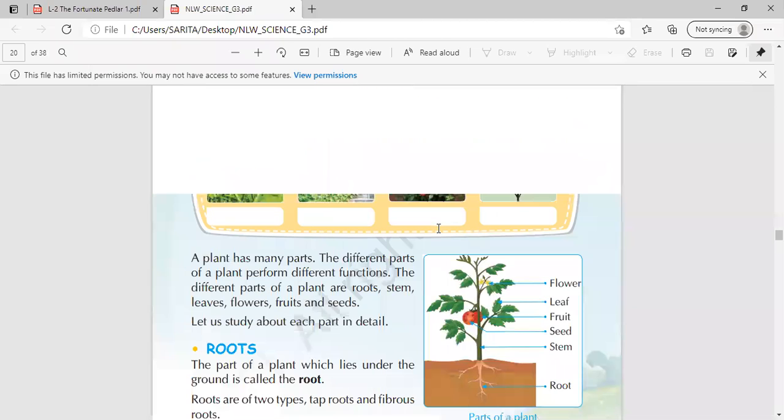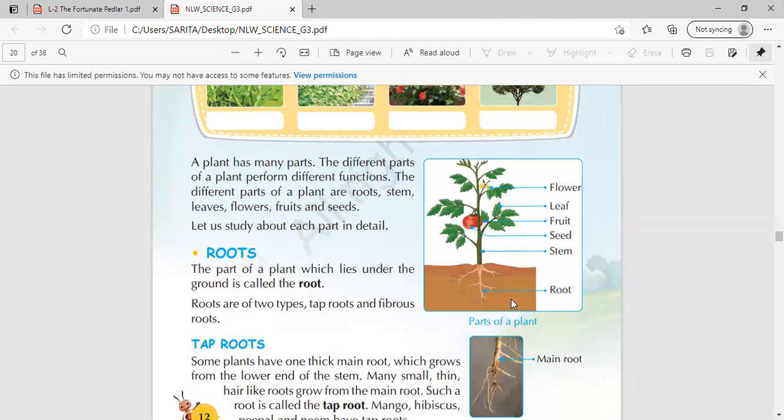Look at the picture. These roots take all the nutrients, water, and minerals from the soil and send it to the stem from here. They take all the nutrients, water, and minerals from the soil and send it to the plant.